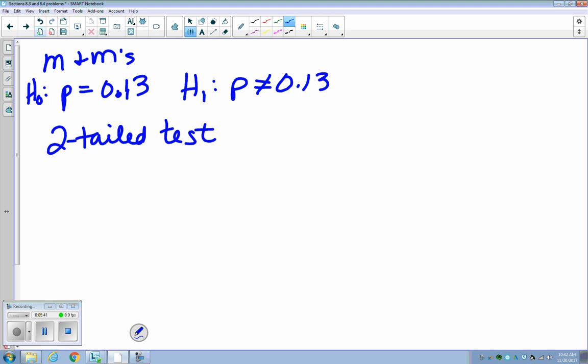Okay? So I have to calculate out my z-score, and you have your formula sheet there, right? So z is going to be p hat minus p, all divided by the square root of p times q divided by n.